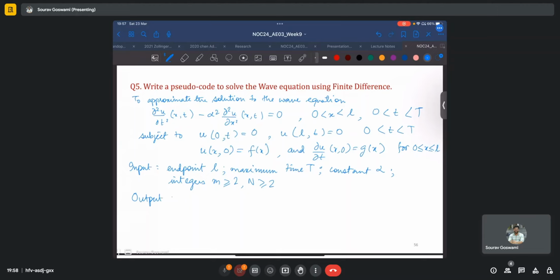The expected output would be the approximations w_ij to the displacements u(x_i, t_j) for each i equal to 0, 1 till m, and for the time steps j equal to 0, 1 till n.